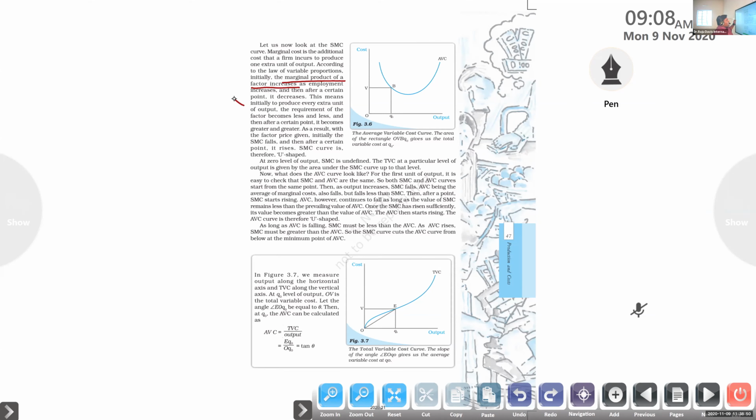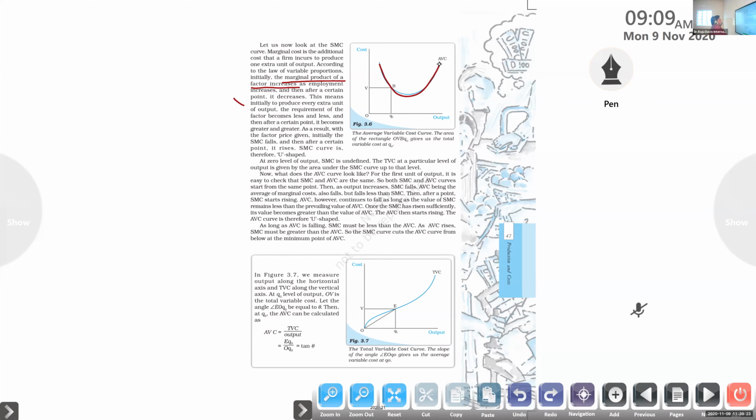We don't want to add too much extra; some addition is enough. Then after a certain point it becomes greater and greater. As a result, with the factor price given, initially the SMC falls, and then after a certain point it rises. So SMC always has a U-shaped structure.